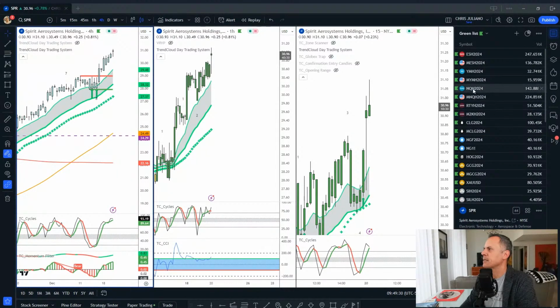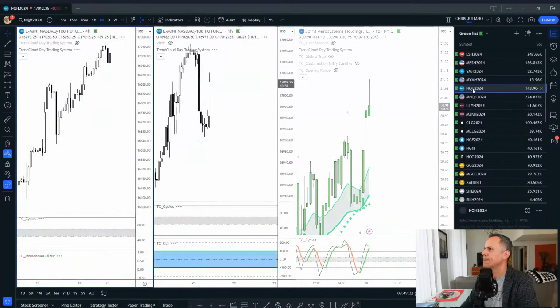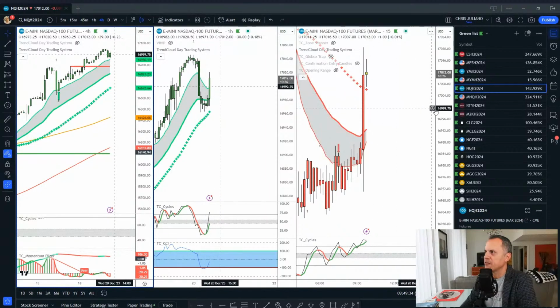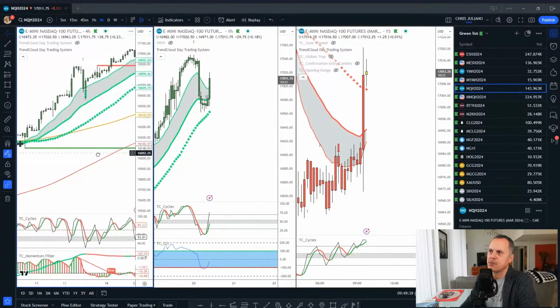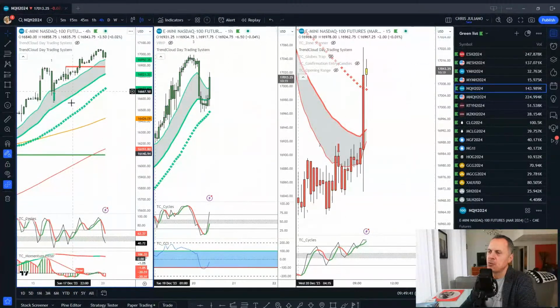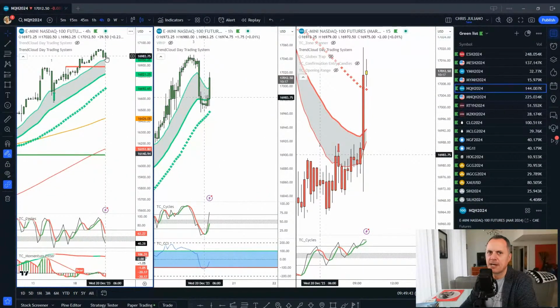Let's look at the NASDAQ. Check this out. See how the NASDAQ is in an uptrend? That's your first check if you're trading stocks or trying to accumulate stocks. Here in TrendCloud, I personally only buy stocks with TrendCloud.